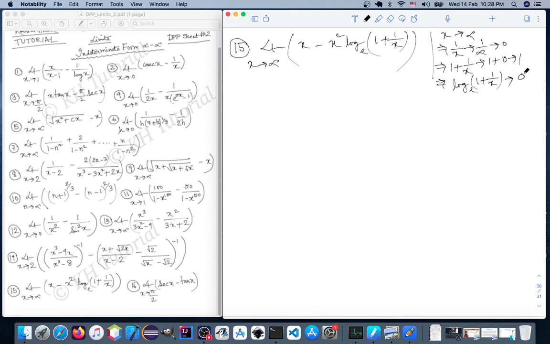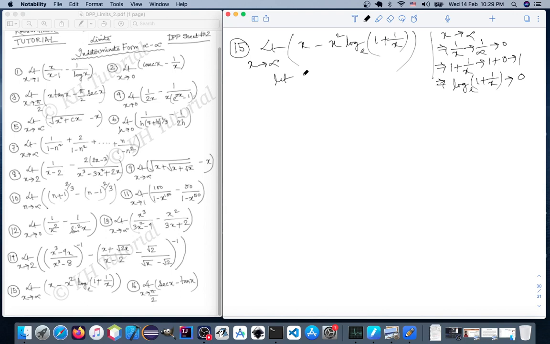Also we see there is log 1 plus 1 by x. We know a standard result: when x tends to 0, log of 1 plus x by x is 1. So how about changing the variable x?